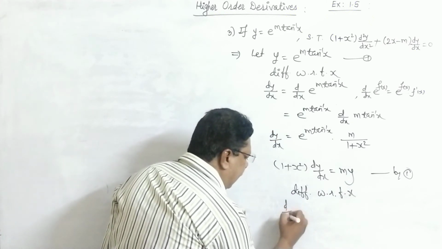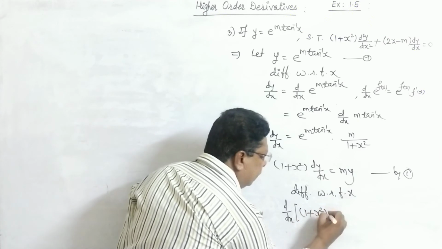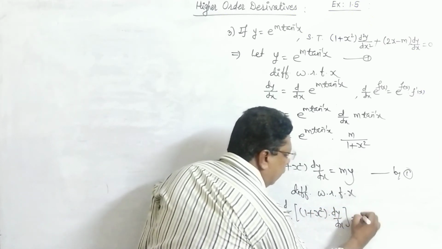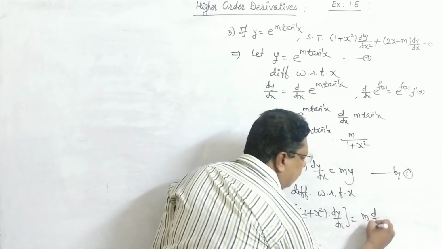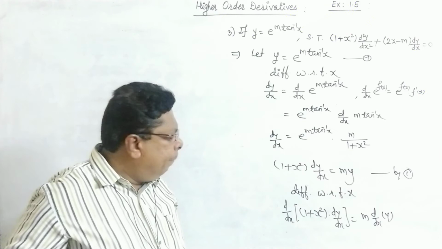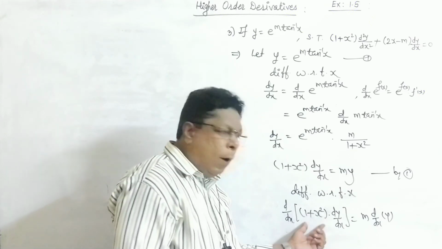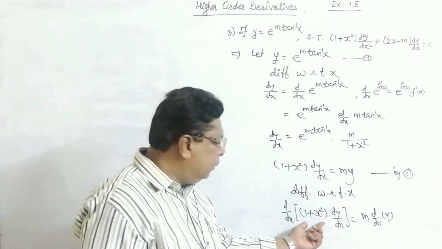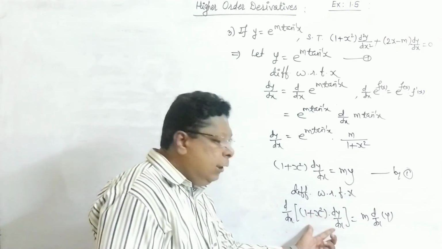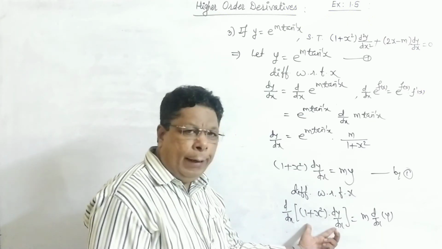Now here d by dx of 1 plus x square into dy by dx is equal to m into d by dx of y. Now differentiate this. See LHS, 1 plus x square is the first function, dy by dx is the second function, and these two functions are in product form. So use the product rule of derivative here.